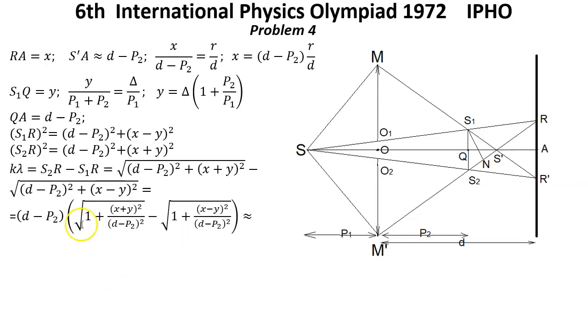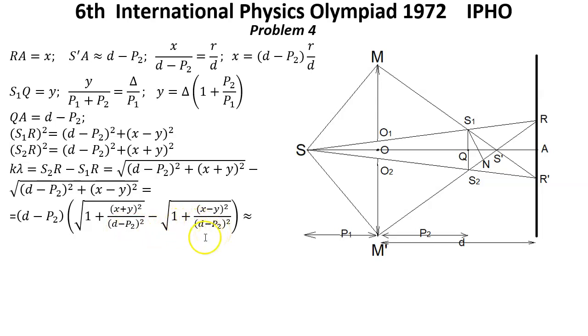In our assumption, we can say that this distance difference equals K multiplied by lambda, where K is the maximum number of these interference fringes from one side, which is equal to this difference. And when we take out D minus P2, we have this expression. And in this expression, we have the difference between square roots from 1 plus something small minus square root from another 1 plus something small.